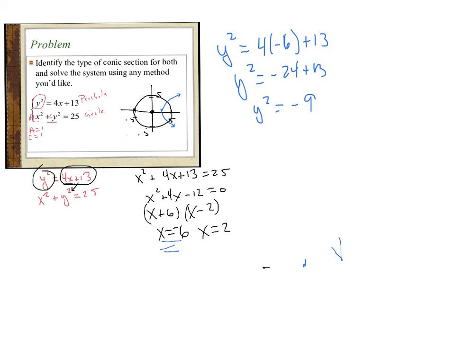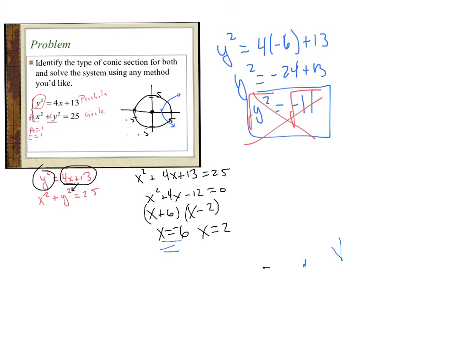I get negative, not negative 9, negative 11. And because this is a negative value, when I take the square root, it's going to end up being an imaginary value. And I cannot have an imaginary value. So the negative 6 gives me a value that doesn't work. So that's why we're not seeing anything graphed right there.